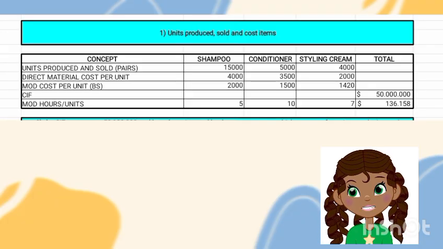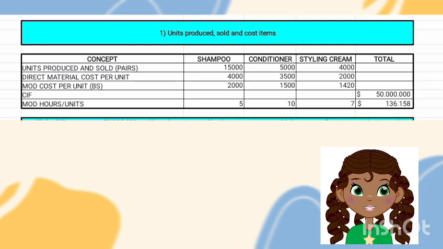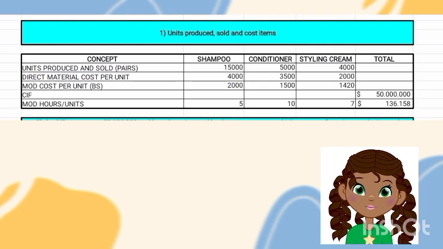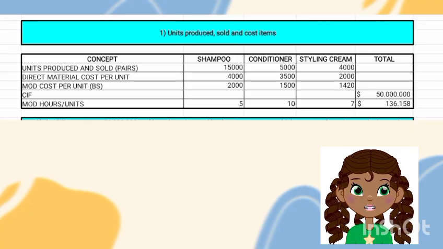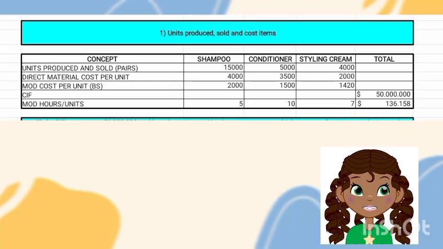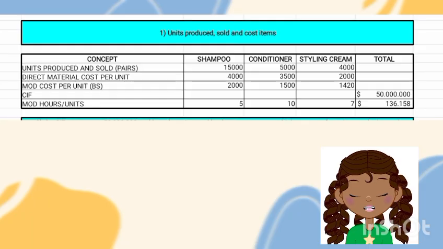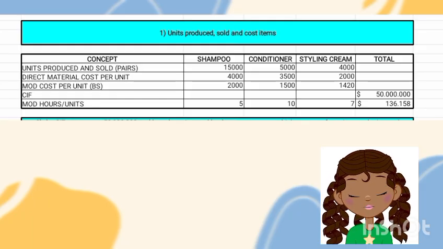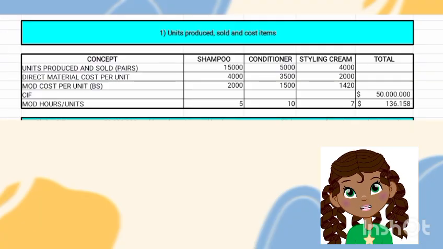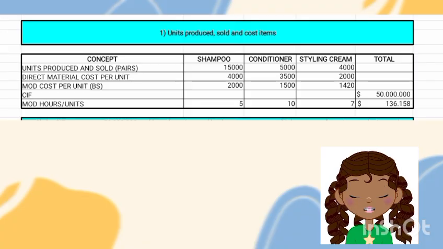Good evening, my name is Laura Diaz. I will explain the information that is important to be able to carry out the traditional costing and the ABC costing. In the first table, we have units produced, sold, and cost elements for conditioner, shampoo, and styling cream, with a total value of indirect costs.